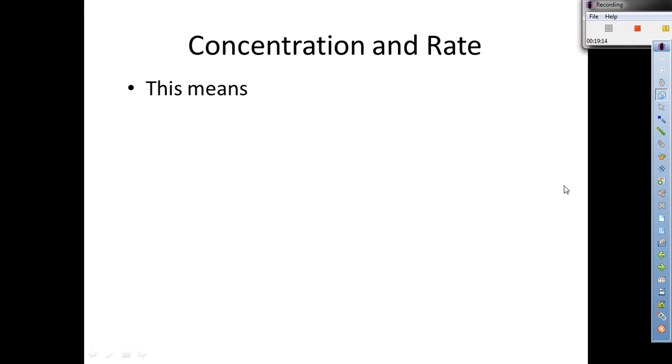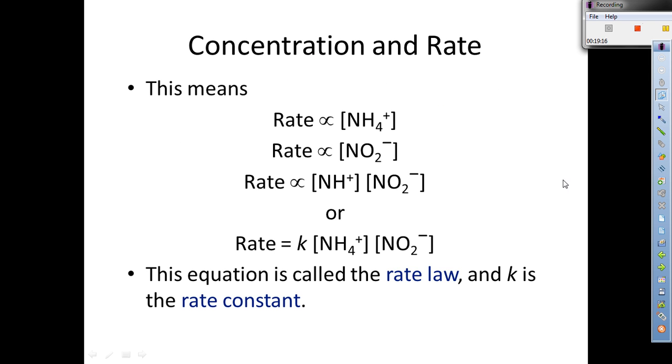So, what does all this mean? First, the rate is affected by the concentration of ammonium. Second, we also found that the rate is affected by the concentration of the nitrite. So if this is affecting the rate and this is affecting the rate, the two of them together affect the rate.